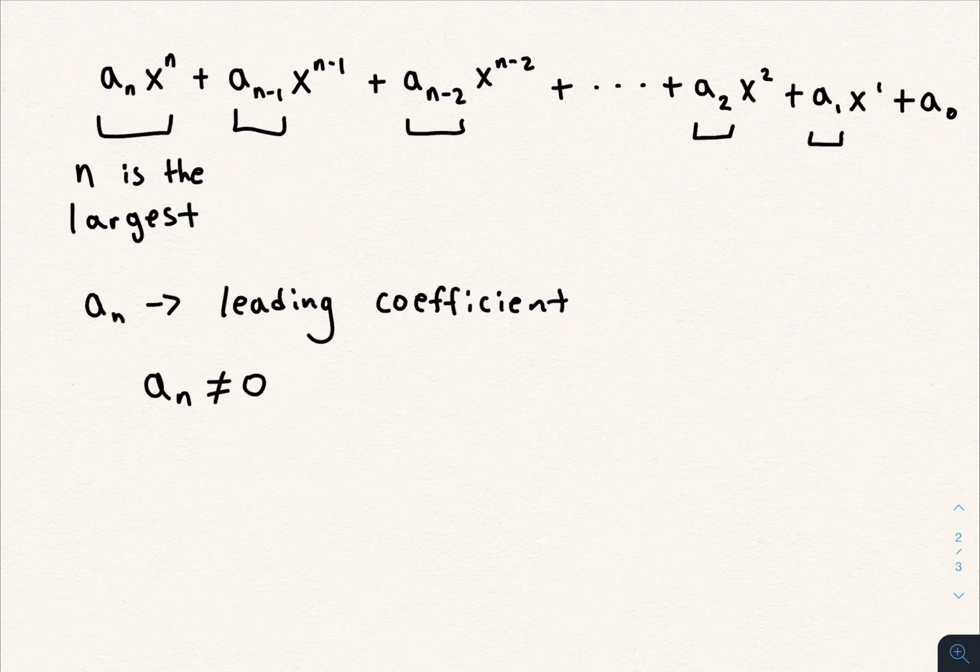The n here represents the largest power among all of the terms in the polynomial. So n actually defines the degree of the polynomial.